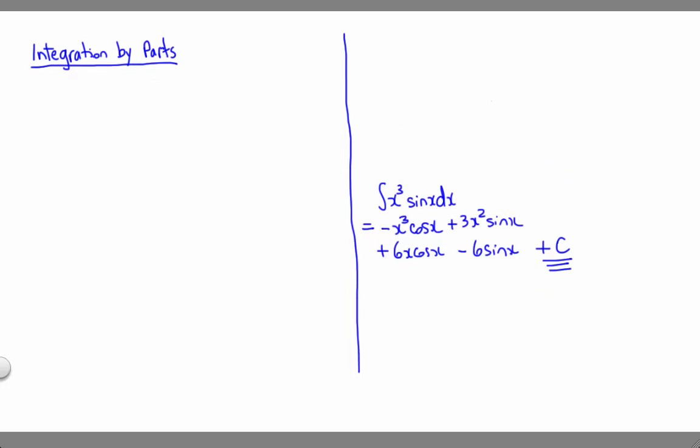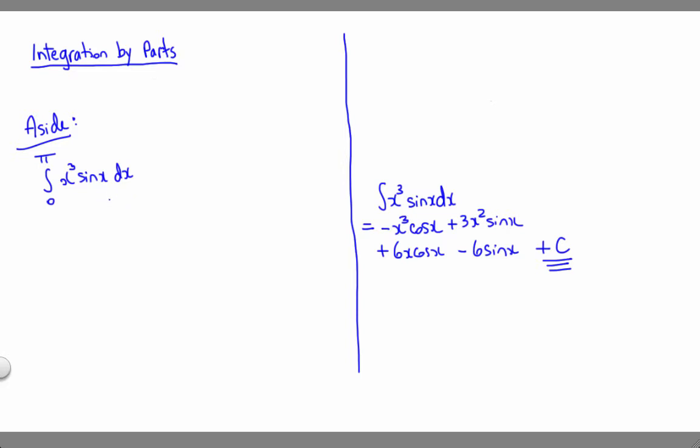So here's our calculation from the previous screen, and just as an aside to finish up our video, let's make sure we could handle a definite integral. So suppose we wanted to integrate from 0 to pi, and we wanted to integrate that same quantity, x cubed sine x dx.